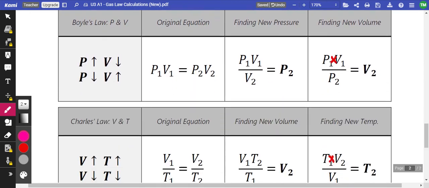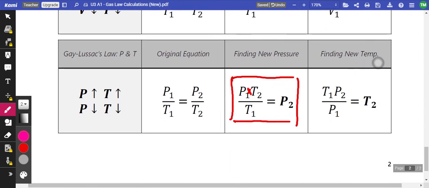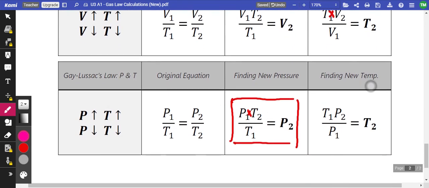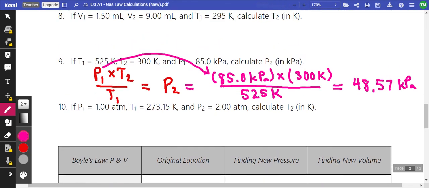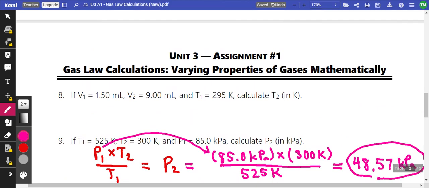Gay-Lussac's law says that pressure and temperature should follow each other, just like Charles' law does. Did my pressure go down? Yes, I went from 85 kPa down to 48.57 kPa. So that checks out. That looks like a likely answer for my new pressure. So this is my P2, 48.57 kPa.